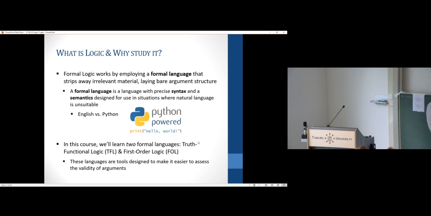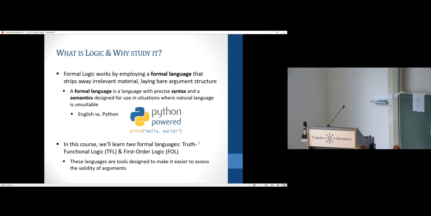But we start with it. And we're going to learn that first. And that's going to be the first 3 or 4 weeks, 3 weeks. And then we're going to move to first order logic, which is again another formal language. It builds off TFL. And the difference here is effectively the level of expression, the expressive power of these languages.